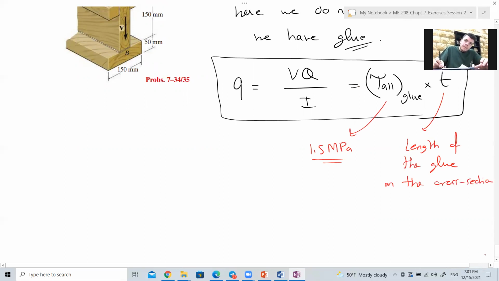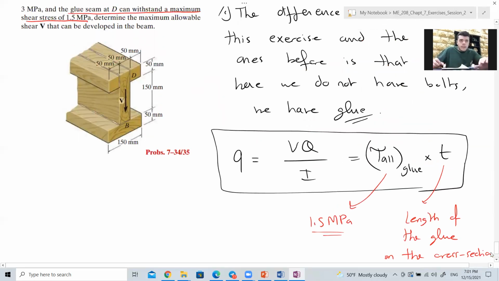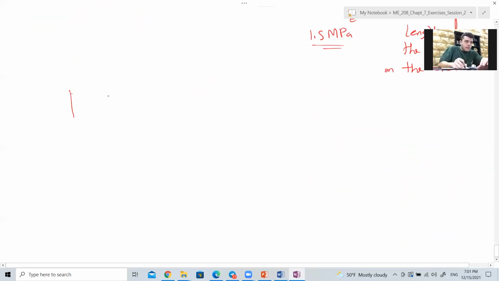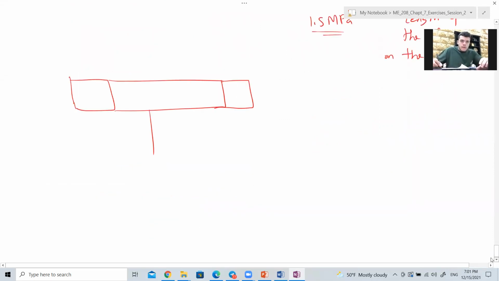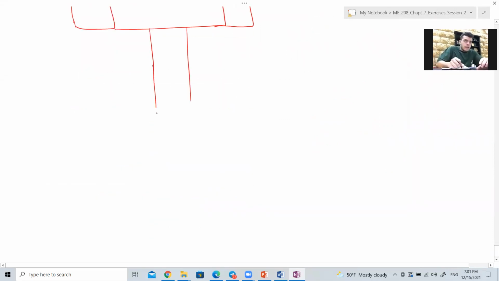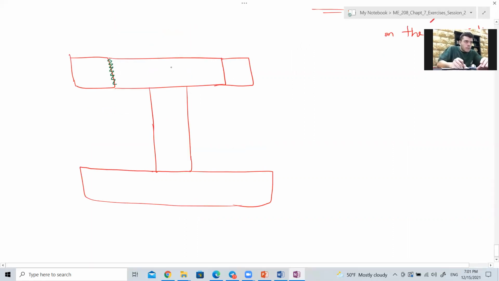كيف يعني؟ يعني إذا بنرسم نحن الكروس سكشن اللي هي بده يبين عنا like this then like this then like this بعدين هيك like this، صح؟ الجلو موجود هون موجود هون وموجود هون.